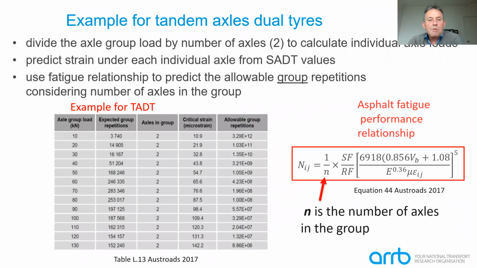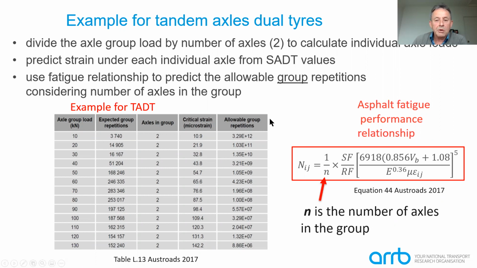So this is an example for a tandem axle with dual tyres. You divide the group axle load by 2, and then you estimate the individual isolated axle loads. And you then predict the strains under each of those isolated axles. When you isolate those axles, they are single axles with dual tyres.